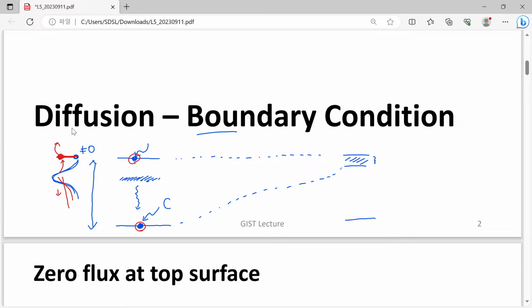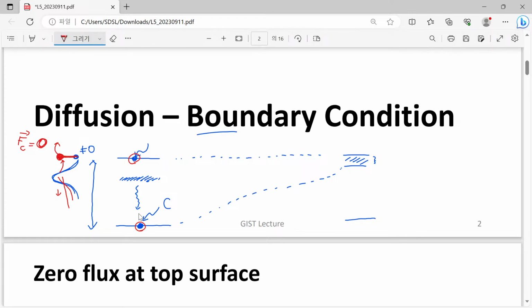If we have such kind of thing, then the assumption we can have is that the flux of our dopant concentration should be zero at this top surface. This can be another boundary condition we can apply. So this is a Neumann type boundary condition instead of a Dirichlet type boundary condition.